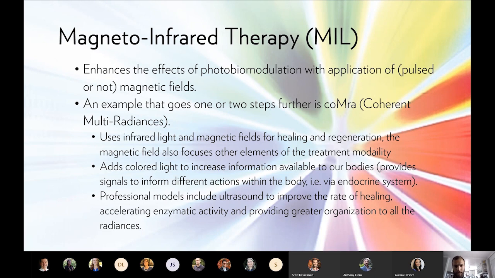Magneto-infrared therapy, or MIL. This takes photobiomodulation to the next level, kind of combines it with PEMF, although it will also use magnetic fields that are not pulsed to amplify the effects of photobiomodulation. I've ordered a device, but it hasn't come in yet, from a company called Comra, Coherent Multiradiances.